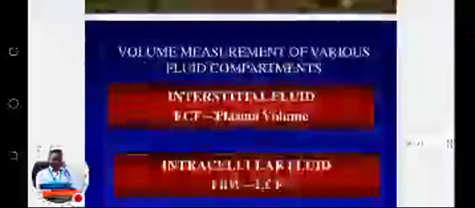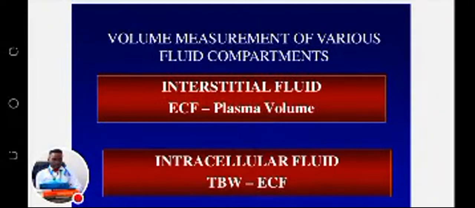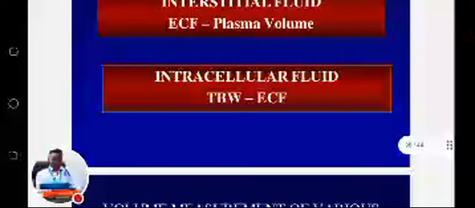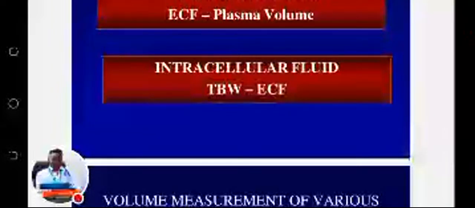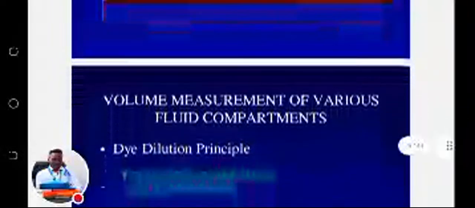All right, this brings us to the volume measurements of various body fluid compartments. We have intracellular fluid, the ECF, which is the plasma volume. The total body fluid has the extracellular fluid, which is the volume found outside the cell.